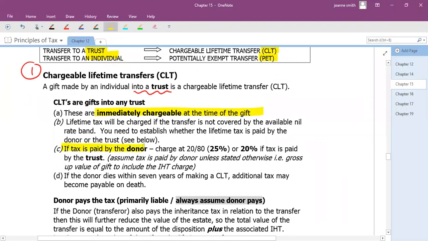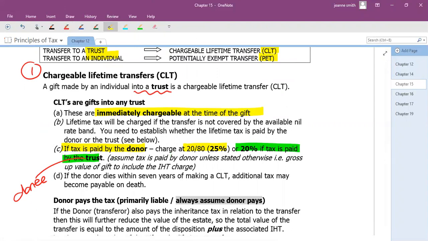Now, in terms of who gets taxed on the gift, that will be agreed. If the tax is paid by the donor, the person making the gift, it's charged at a rate 20/80, which is 25%. If the tax is paid by the trust, i.e. the donee, the person that is getting the gift, then it will be taxed at 20%.